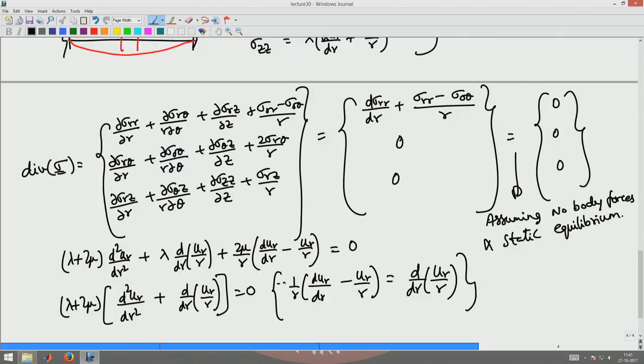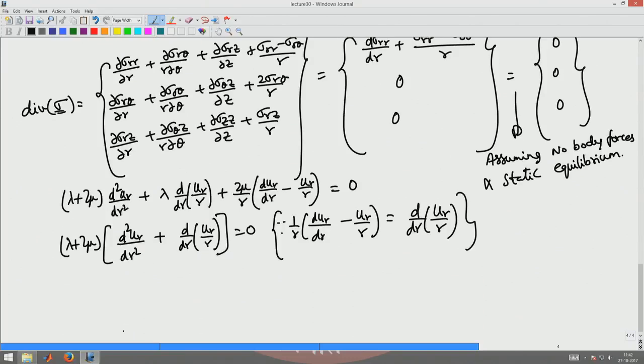Okay. Since that is that, I get this as this. Now, I know from our restriction on material parameters that lambda plus 2 mu is not equal to 0. So, I require d squared u_r by dr squared plus d by dr of u(r) by r to be equal to 0.